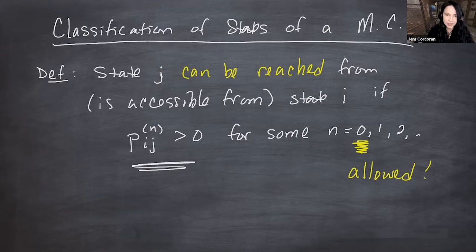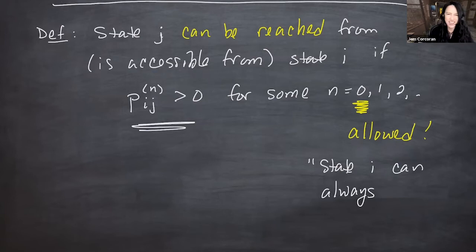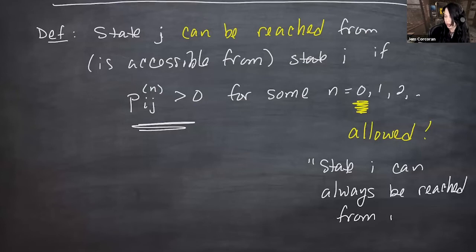Because of this, state I can always be reached from itself because of that definition, because you could not move any time steps. So it can always be reached from itself, only because we're putting 0 in here, and it's only to make things work out nicely in some upcoming sums.